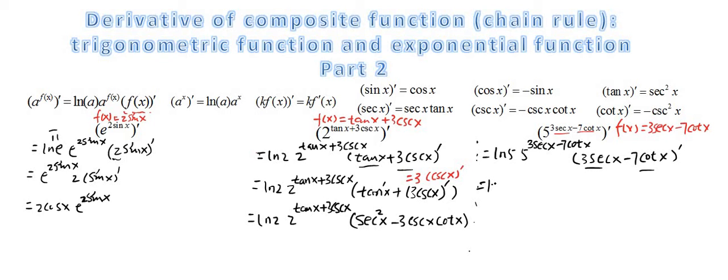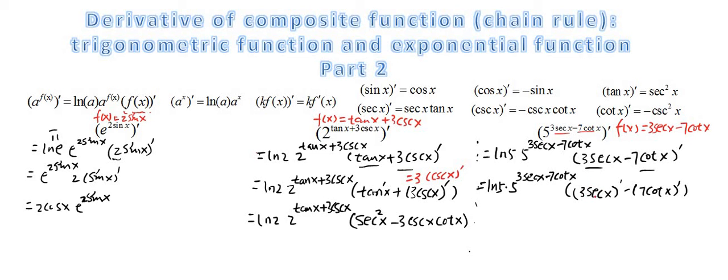So we copy the first two terms, and for the last term we have 3 secant x prime minus 7 cotangent x prime, and we're going to focus on these two terms.